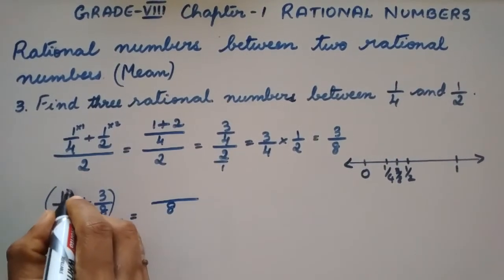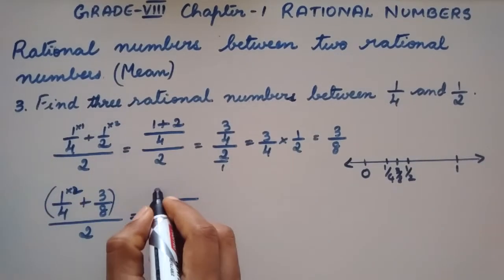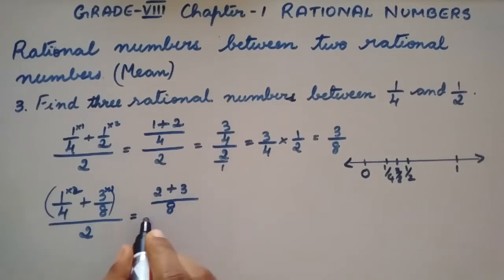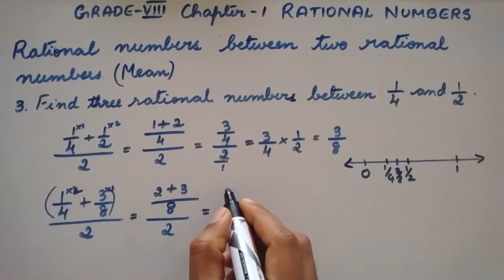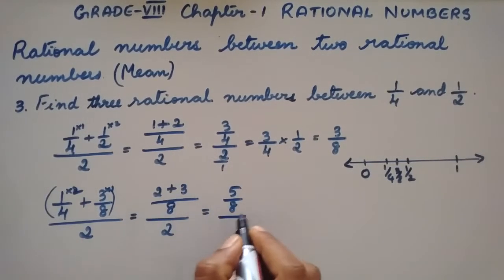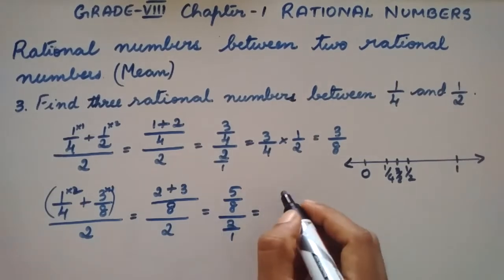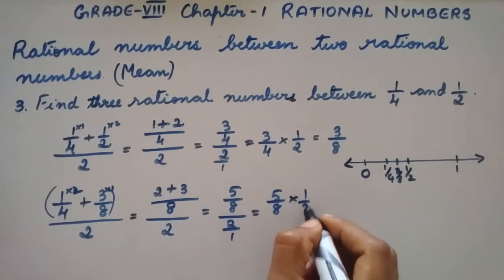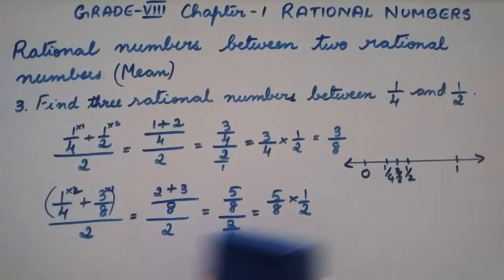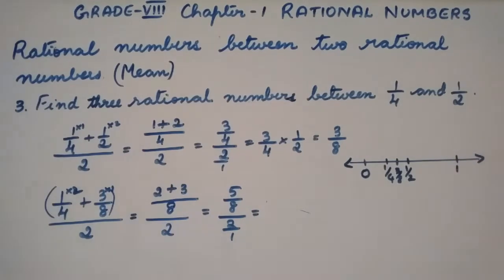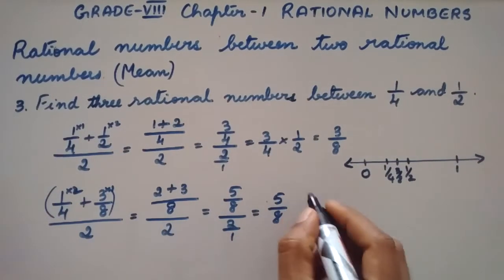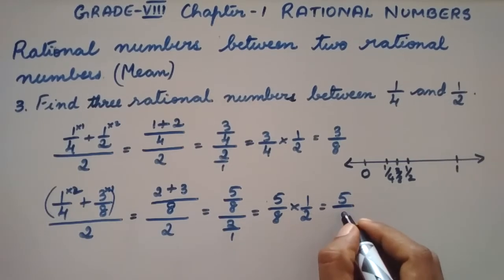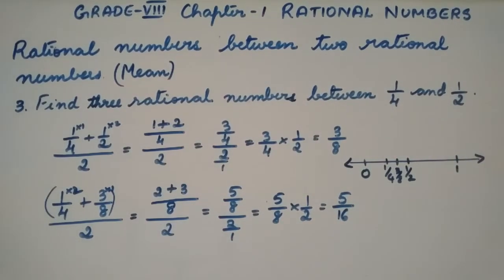So 4 2s are 8, 1 into 2 is 2, plus 8 1s are, so 3 into 1 is 3, divided by 2, which is equal to 5 by 8 divided by 2 by 1, which is equal to 5 by 8 into 1 by 2, which is equal to 5 by 16.